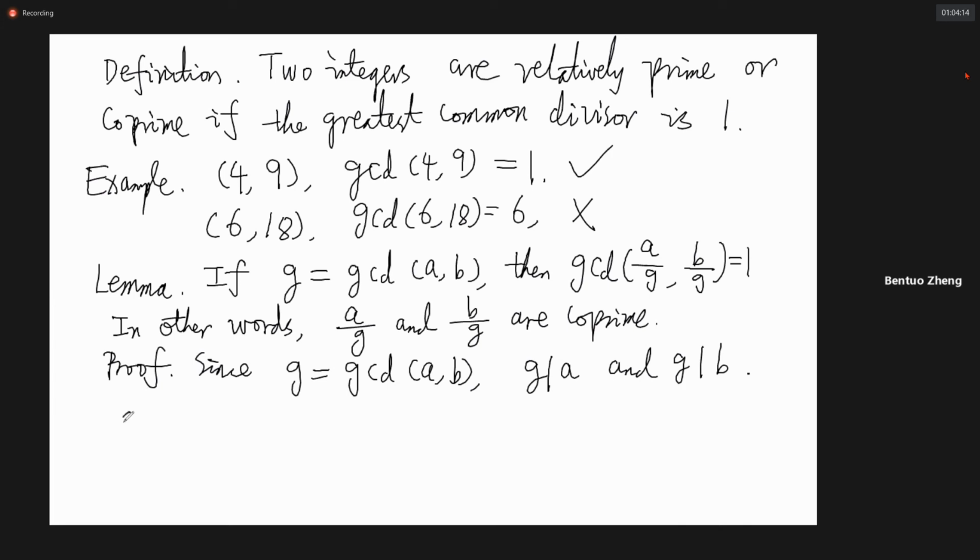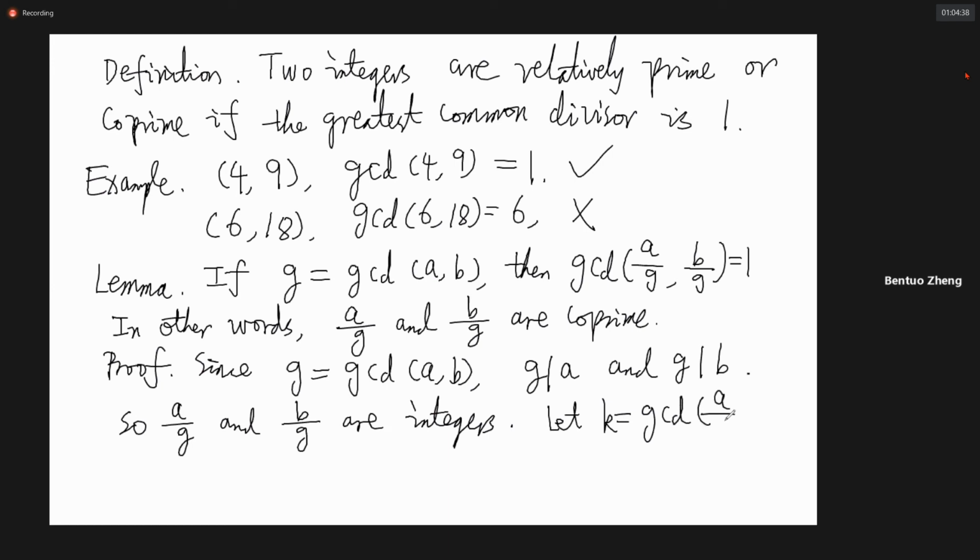So A over G and B over G are integers, because only for integers we have the greatest common divisor. And then we can let K be the greatest common divisor of A over G and B over G.